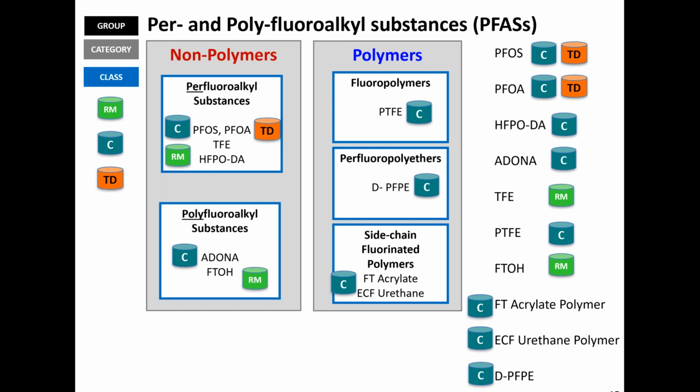And then on the left-hand side, you can start seeing where some of the perfluoroalkyl substances land, like tetrafluoroethylene. It's a perfluoroalkyl substance. The HFPO dimer acid is a perfluoroalkyl substance, as is PFOS and PFOA. And then the Adona surfactant and the fluorotelomer alcohol raw materials are polyfluoroalkyl substances because they have hydrogens on a number of carbons. Not all the carbons have fluorine on them.